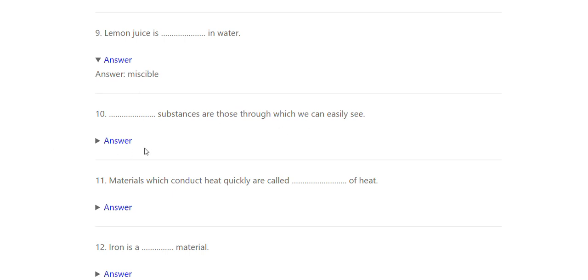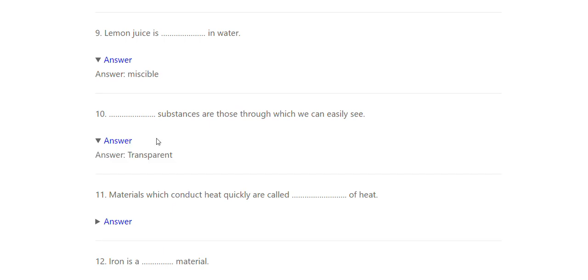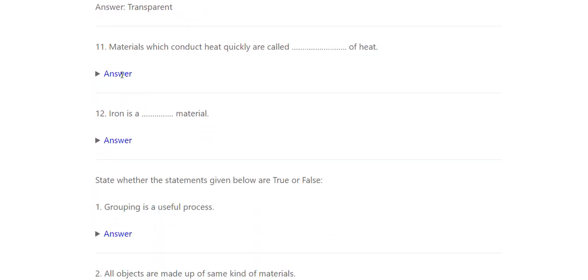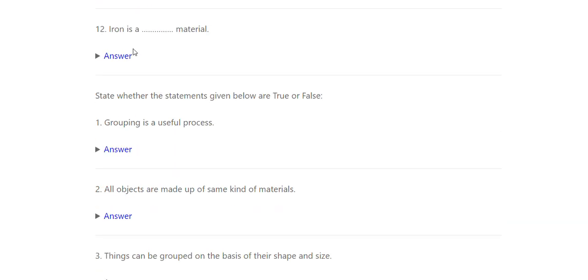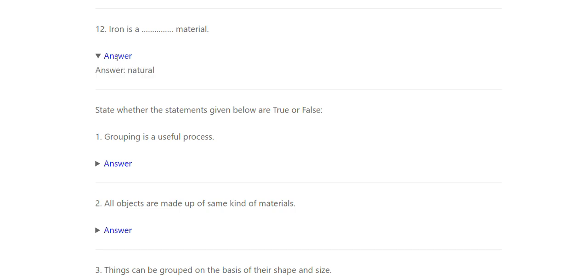Transparent substances are those through which we can easily see. Materials which conduct heat quickly are called conductors of heat. Iron is a natural material.